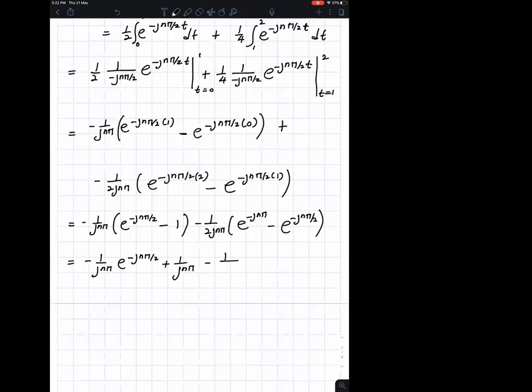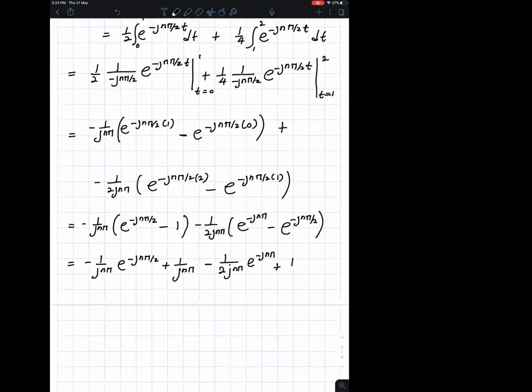You can, of course, simplify things without going through all these steps, but you have to be very careful you don't make any sign errors. That's why it's a good idea to go through all the steps. Try to avoid doing the algebra in your mind. Okay, this is what you get.